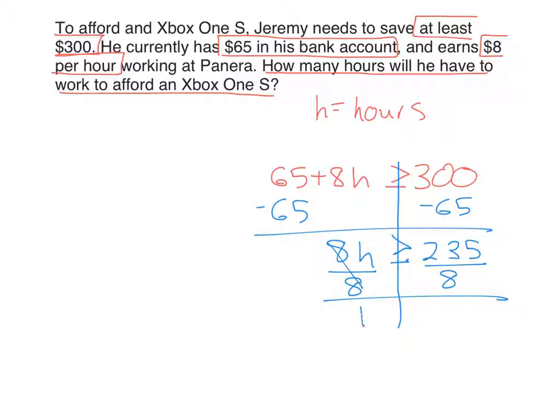So we get h on the left side, and we get 29.375 on the right side. Since we divided by a positive number, the inequality is going to keep facing the same way. So we find out that he needs to work at least, greater than or equal to, 29.375 hours.